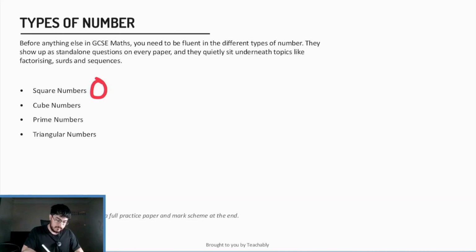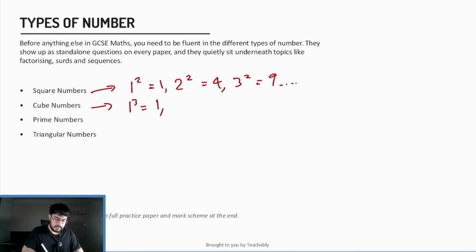So we've got square numbers. These are things like 1 squared, which is 1, 2 squared, which is 4, 3 squared, which is 9, and so on and so forth. Then we've got cube numbers, which is 1 cubed, which is 1. We've got 2 cubed. And remember, the index or the power on the top right of your number is telling you how many times to multiply this number by itself.